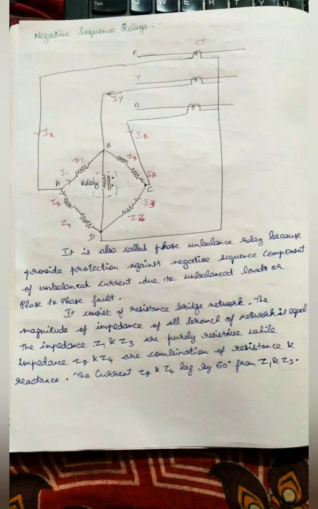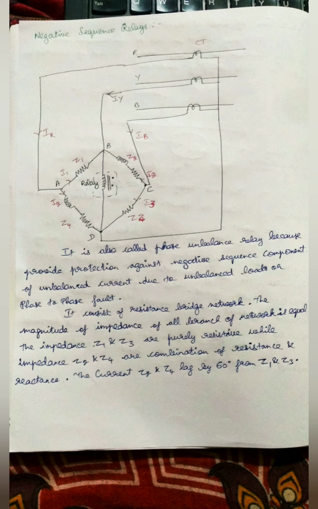So the current entering the relay at point B is 0. Similarly, the current at junction D is 0. Thus, the relay is in inoperative condition, which means not operating. Whenever an unbalanced current is observed at points B and D, which means any unequal current is observed, the relay senses it, and after sensing, the relay contacts make and initiate the trip to your nearby circuit breakers.